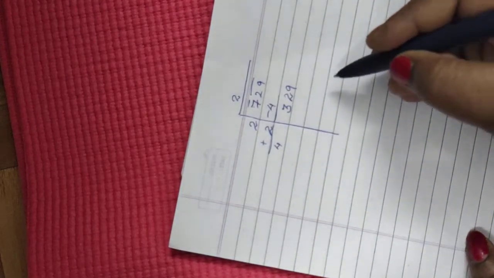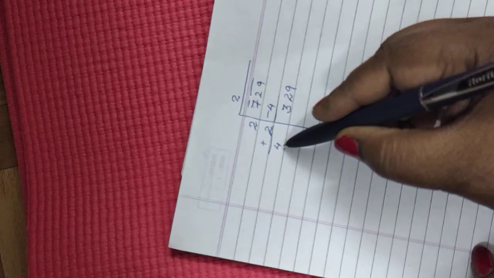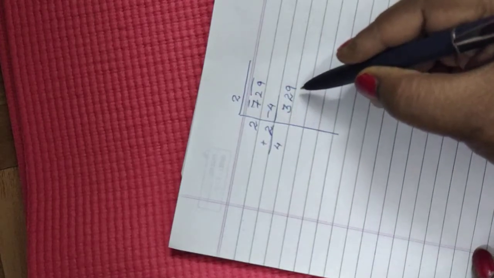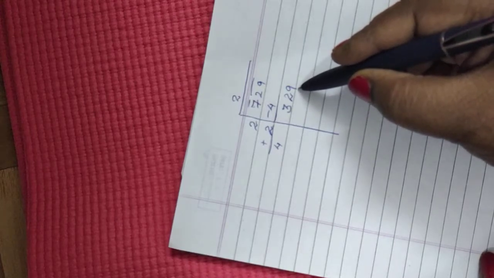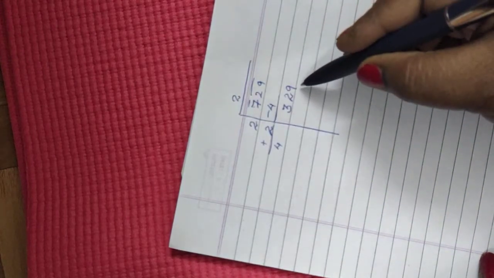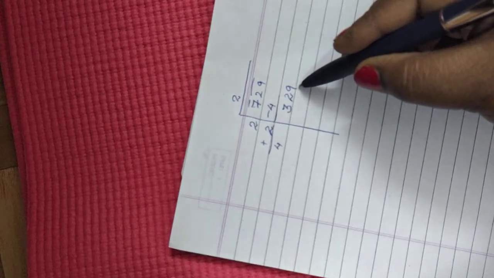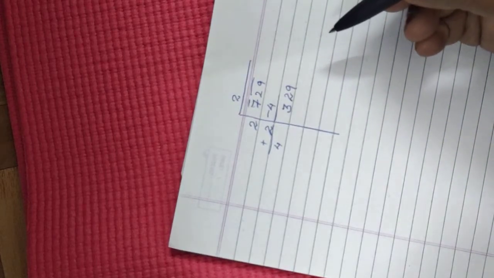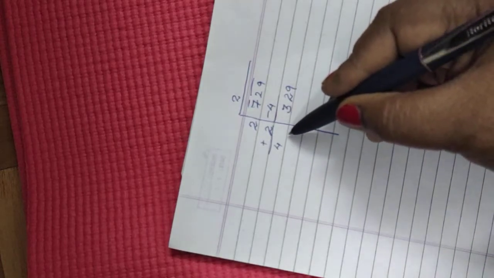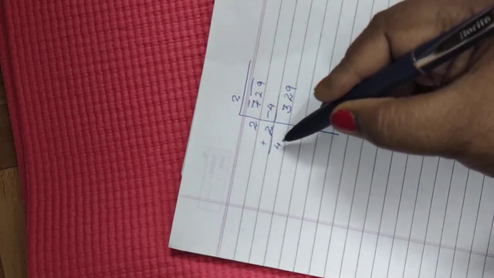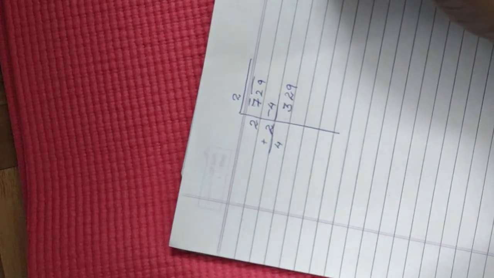Now you have to multiply with such a number that you will get 32. Now the unit digit here is 9. So either the number can be 3 or 7, because we know that 3 3s are 9 and 7 7s are 49.